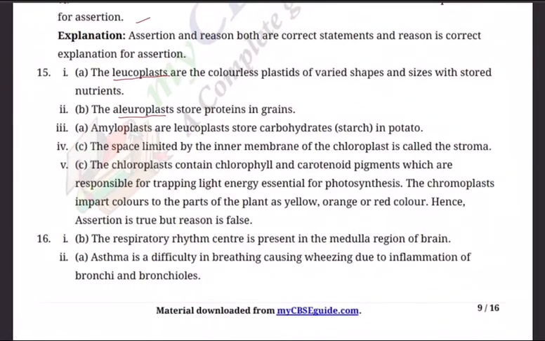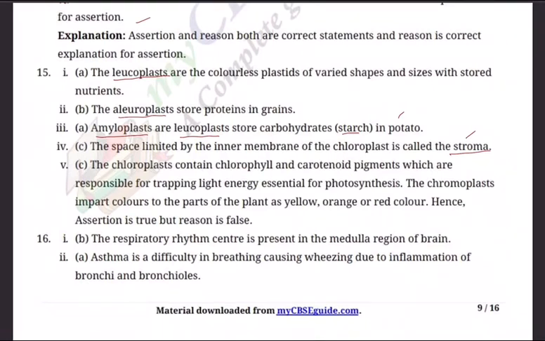Which type of plastid stores carbohydrates in potatoes? Amyloplasts, or leucoplasts, store carbohydrates, that is starch, in potato. And question number 4. The space limited by the inner membrane of the chloroplast is called dash.